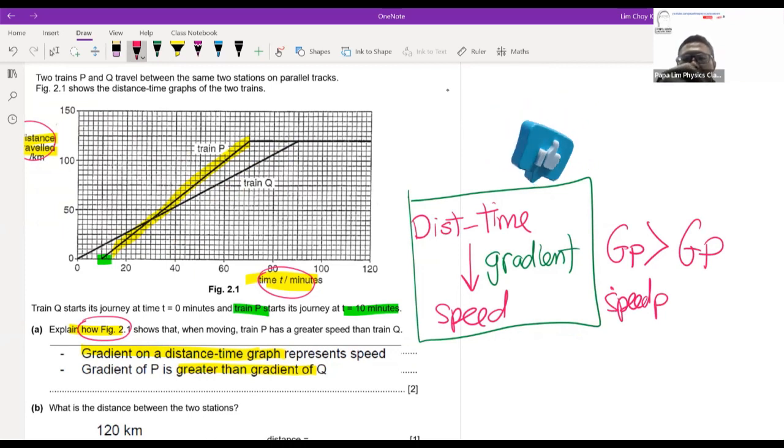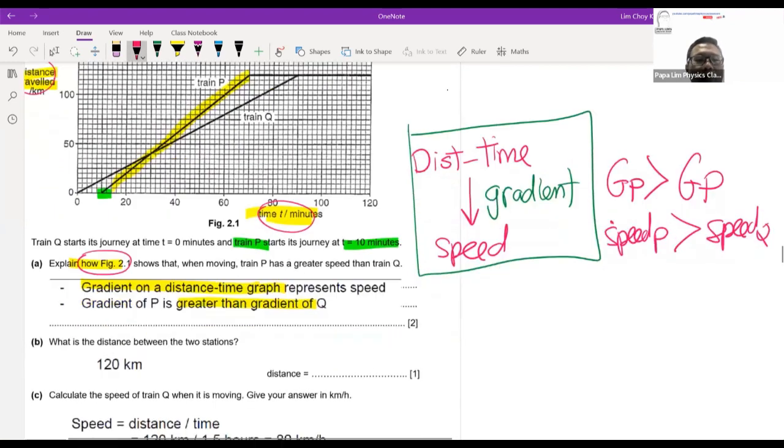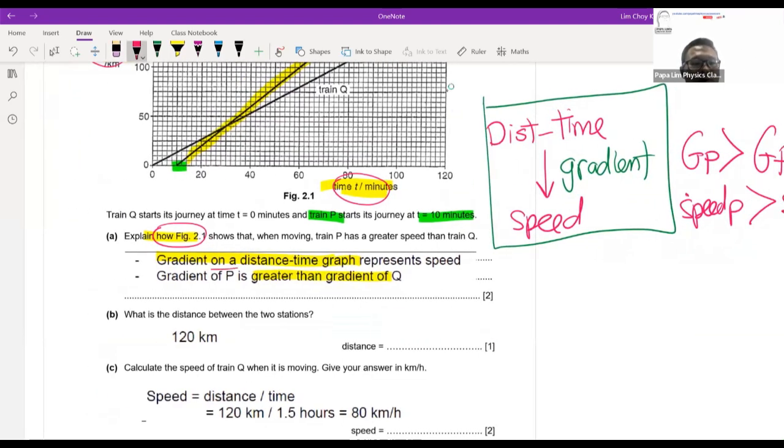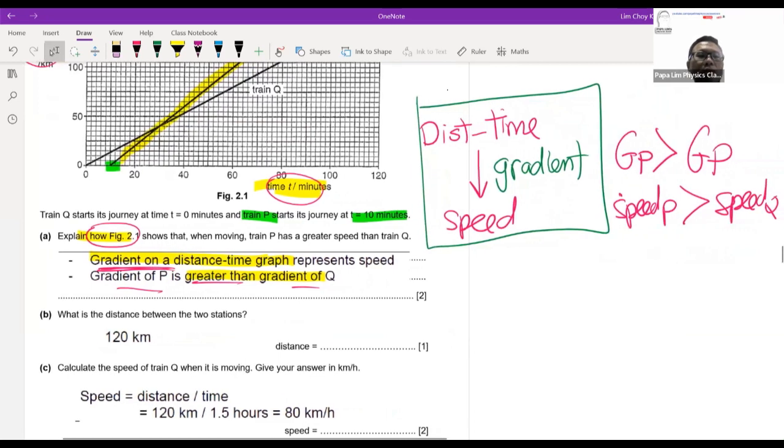So with P having a steeper gradient, it means that the speed of P will be higher than Q, and this is what we mean by representing the answer from the graph. Students must remember: how do we derive speed? From the gradient. And how do we know P has a greater speed? Because the gradient of P is bigger than the gradient of Q.